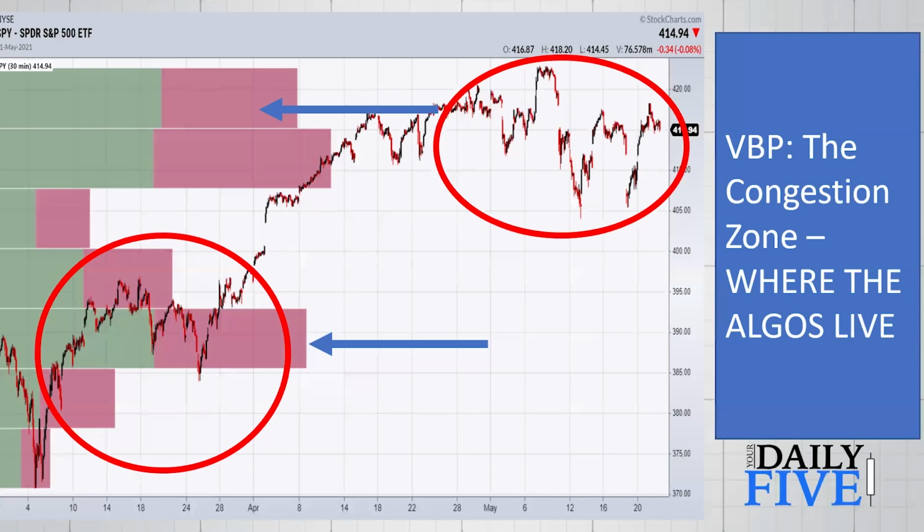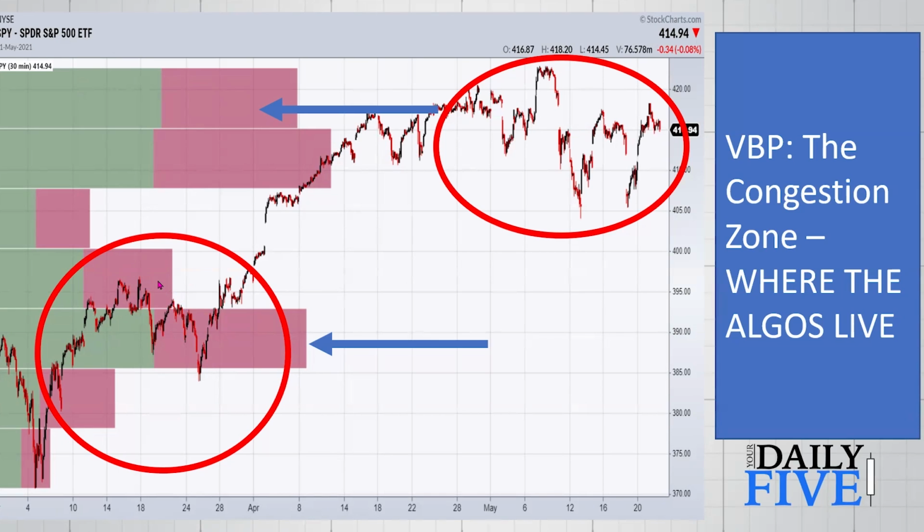And what happens in the next few days from here is what's really important. Now, the final indicator is the volume by price bar. And of course, these are these big bars over here at the left side of the chart. This is, again, a look at the SPDR S&P 500 ETF SPY, and it's an intraday chart from ACP, which I like to use when I really want to home in on what's happening on an intraday basis, and it kind of gives me a good focal point of what's happening in an instant.